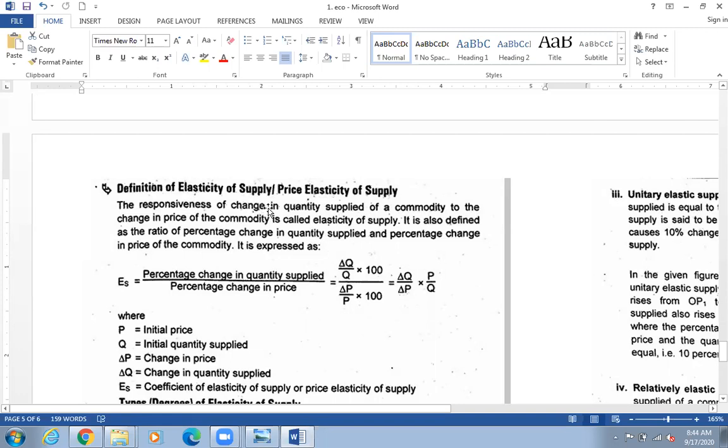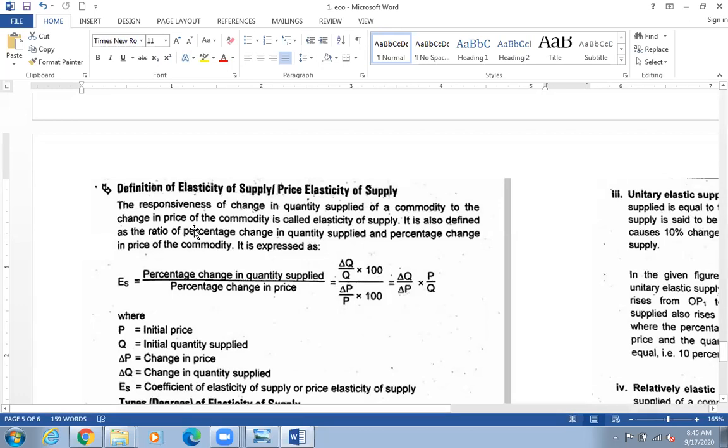The responsiveness of change in quantity supplied of a commodity to the change in price. When the price changes, supply also changes. If you are a supplier, you never feel like selling goods cheaply.